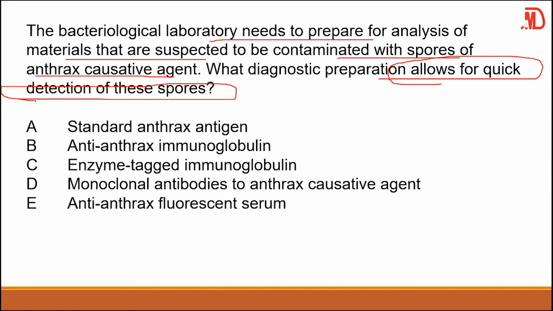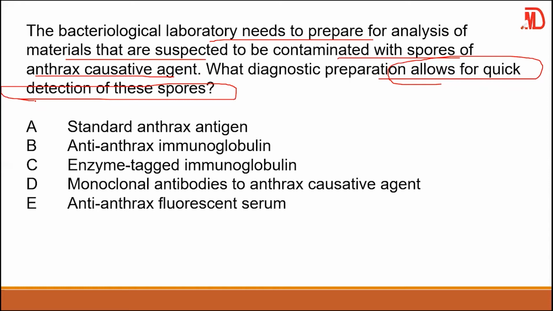It's just like doing RDT in Ghana, to replace the blood film for malaria parasites. RDT is a rapid diagnostic test. If you use RDT, immediately your result will come.